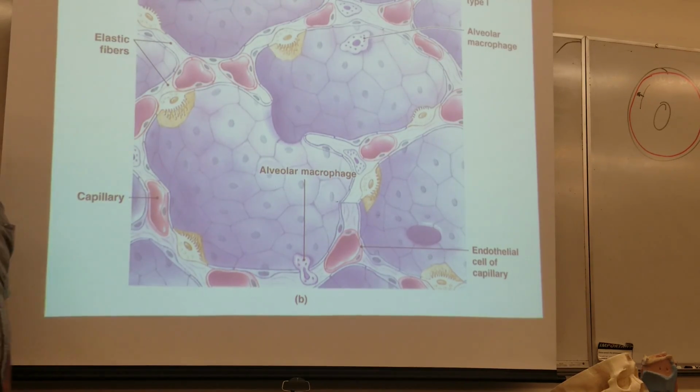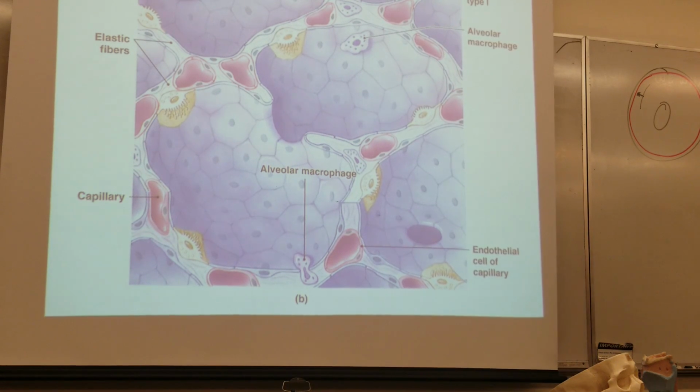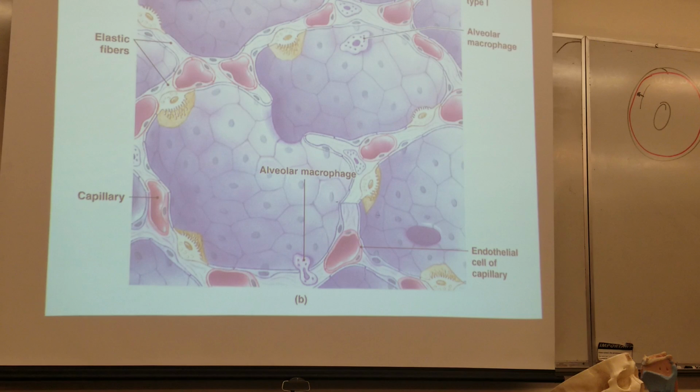Kind of a fancy name, but here's what I'm trying to get across to you guys. If somebody bothered to call them pneumocyte type 1, why bother calling them type 1s? Because there's probably a type 2. Otherwise, you just call them pneumocytes. So who are the pneumocyte type 2s?